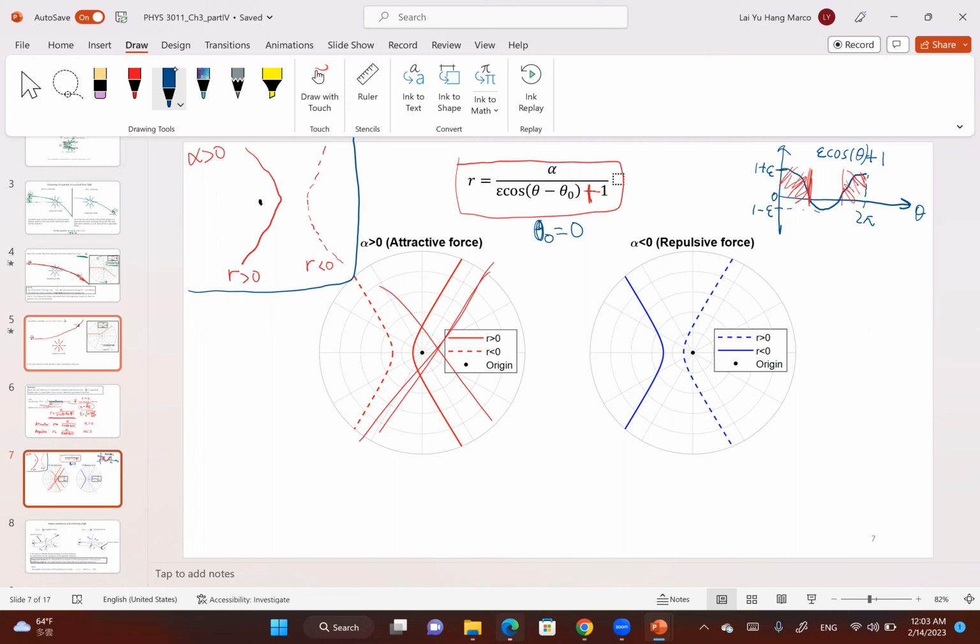But for a hyperbola, you know that it's actually a pair. The other curve of this hyperbola is this dashed curve over here, and it corresponds to the negative R result.